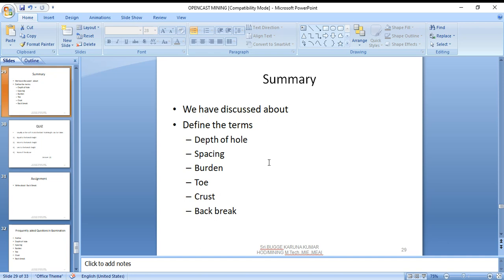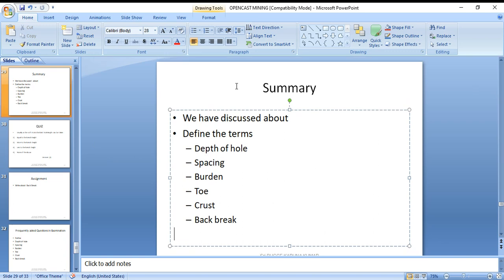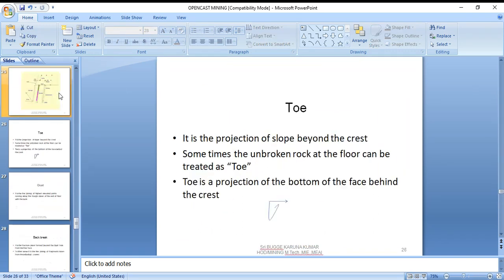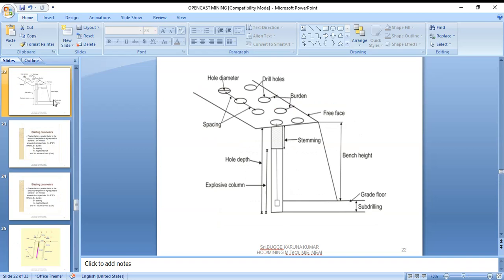Spacing is the distance from hole to hole. Burden is from the free face. Toe should not form, to maintain the subgrade and subdrill. Crest is also one of the factors, and back break has to be maintained. These are very explainable in one figure. We could easily understand all these basic definitions.